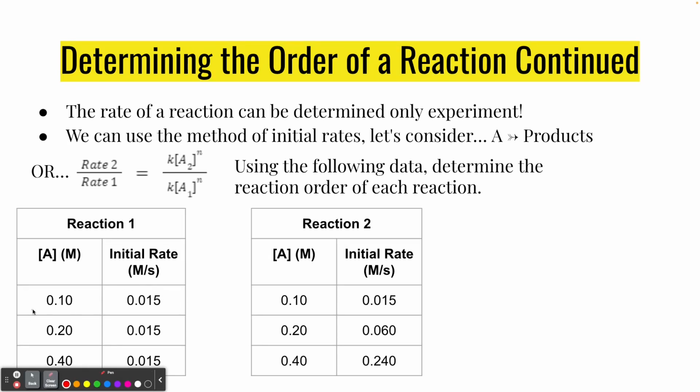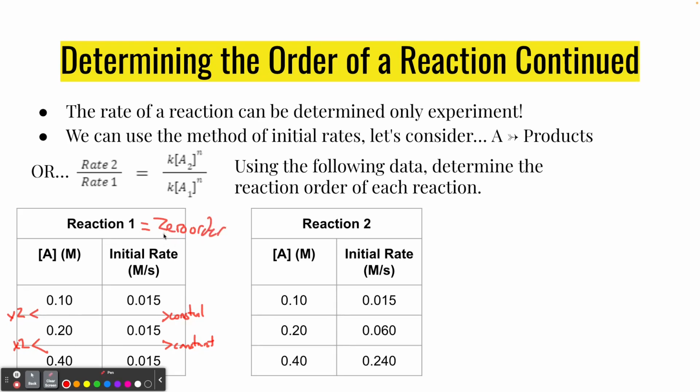Okay, well, here we are doubling our concentration again for both of these. In reaction 1, we doubled our concentration, but you'll notice the rate is constant every time I double my concentration. Well, since it's constant, guys, reaction 1 is 0 order. So that was pretty easy to see.